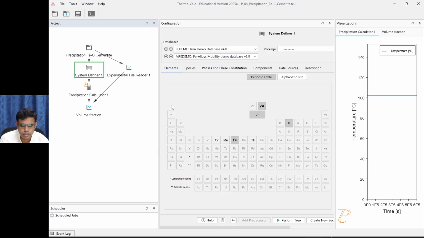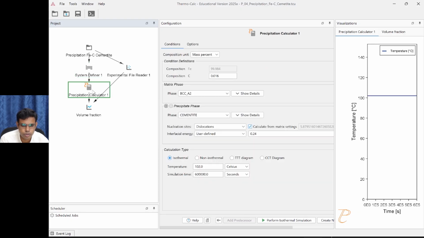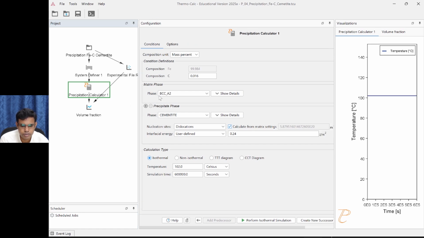Alright, and in the precipitation calculator, you can see composition in mass percent is 0.016 for carbon, and then there are these two different phases. One is the matrix phase, which is BCC, and the precipitate phase. The product phase is called the precipitate phase in this precipitation calculator, and the parent phase BCC will be there.